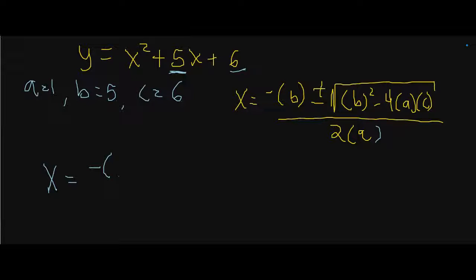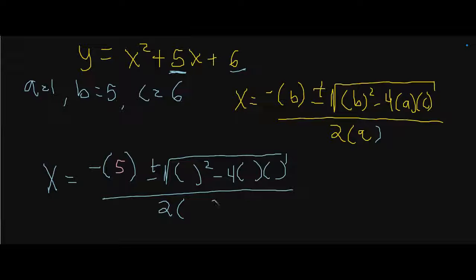So we're going to get x is equal to negative, and I'll actually do a color coordination here. We're going to get 5, because this is 5 and this is B. Well, b is equal to 5, so we just replace it, and it's going to be plus or minus the square root. We're going to get a here and c here, and this is all divided by 2a.